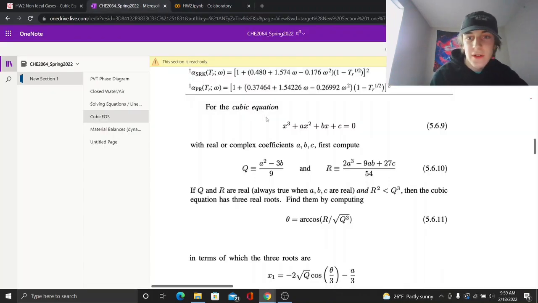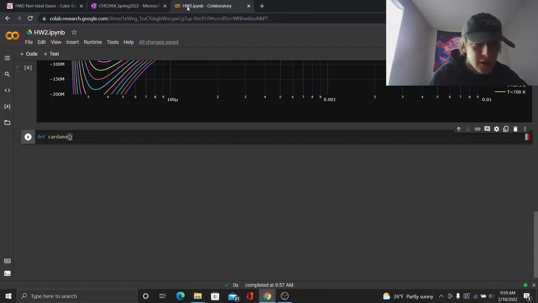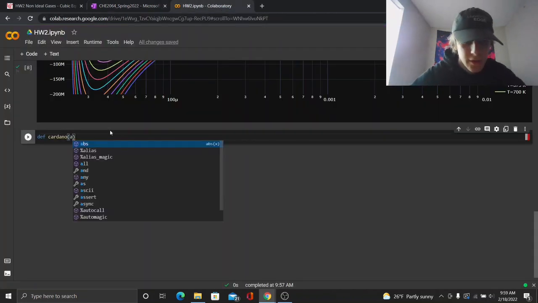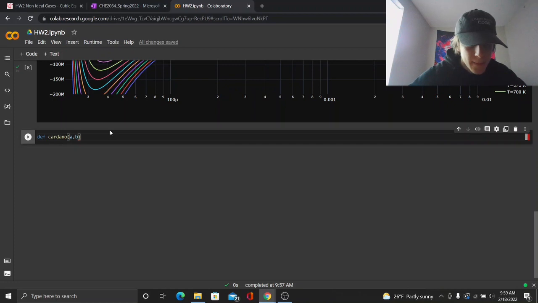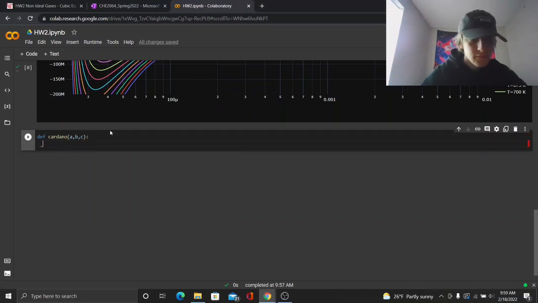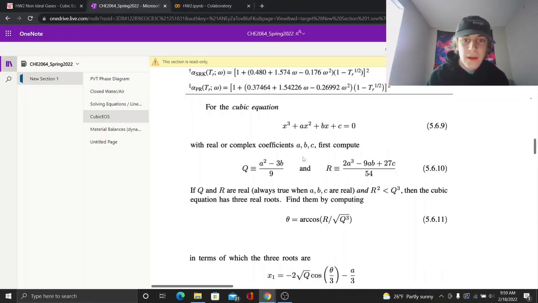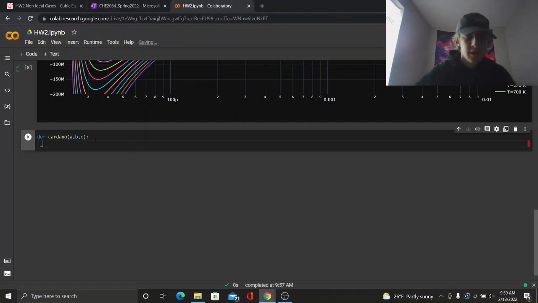And what we're trying to get are these A, B, and C values. And to start, we first need to compute these Q and R values. So I'm going to put in those equations.